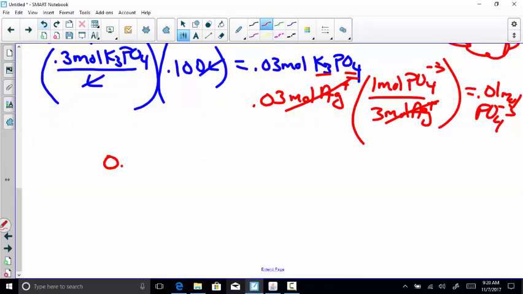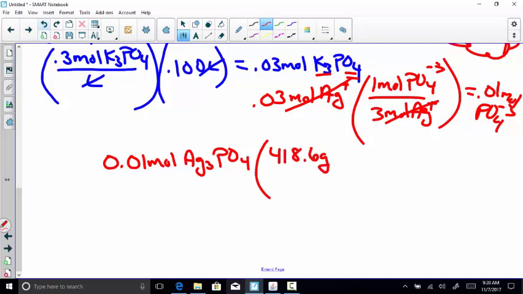So I have 0.01 moles of Ag3PO4, and I'm going to multiply that by the molar mass of Ag3PO4, and when I do it, I get 418.6 grams of Ag3PO4 per every 1 mole.